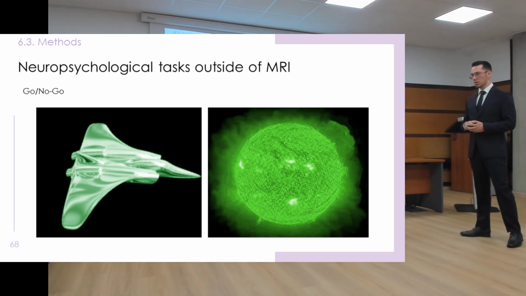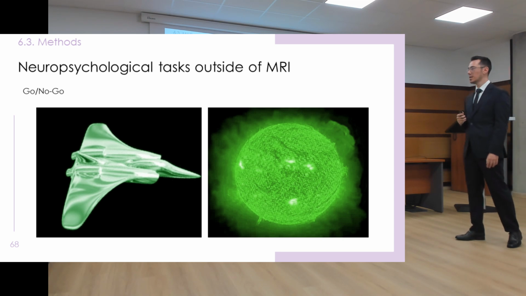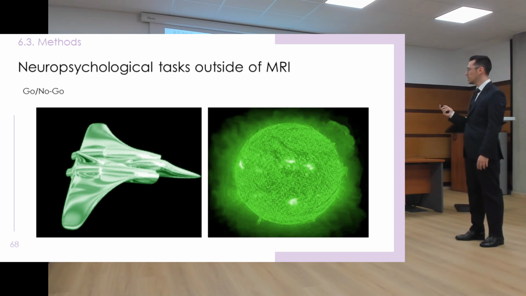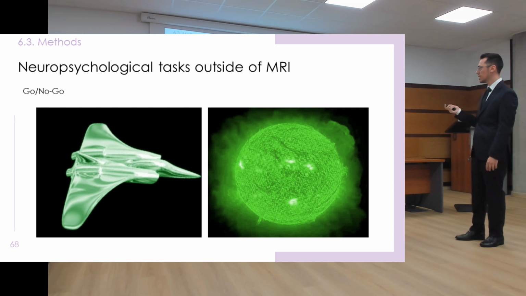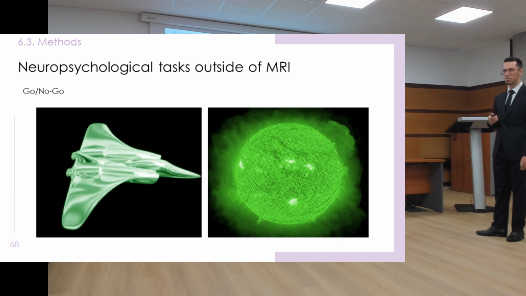The participants also carried out different neuropsychological tasks. They filled in the variable impulsivity scale, as well as carrying out the go-no-go task, which requires a motor response to a go stimulus, which is the one you see on the left, and response inhibition to a no-go stimulus, which is the one you see on the right. And this allows us to measure motor response inhibition.